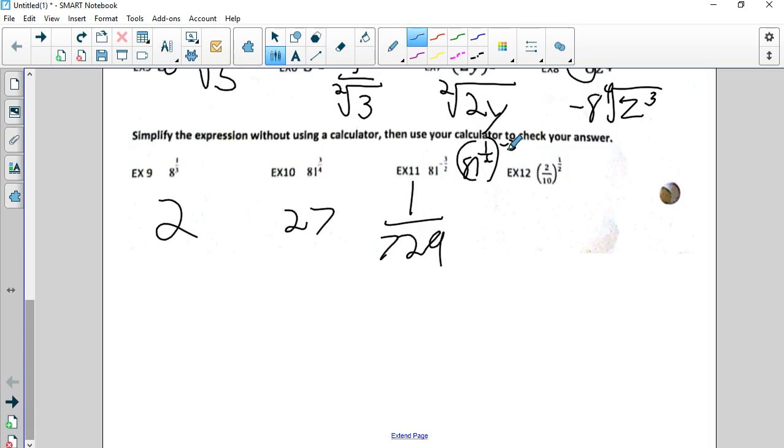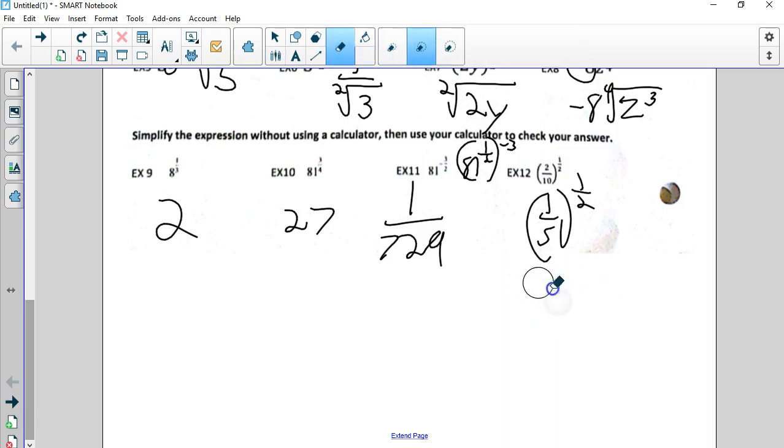Okay? And then 2/10 to the 1/2. This one's a little trickier, but if you think about 2/10 to make our life easier, that's really just 1/5 to the 1/2. I'm doing this in my head, but what would that be if I was taking the square root? That would be the square root of 1, which is just 1, so why bother writing that?